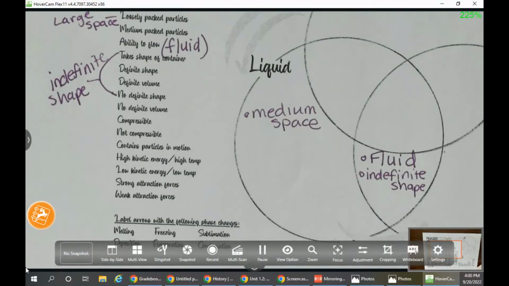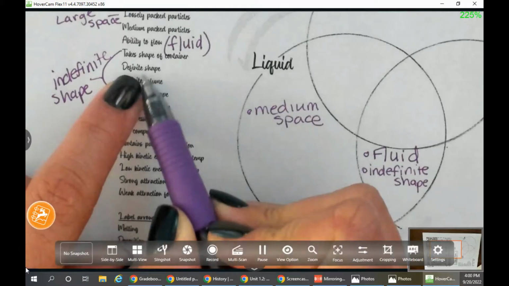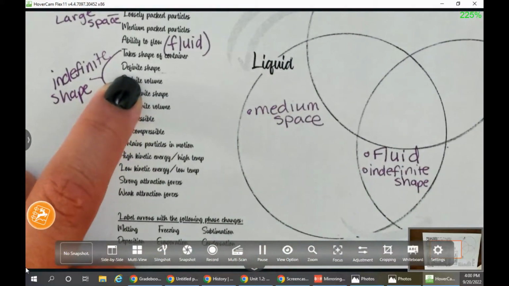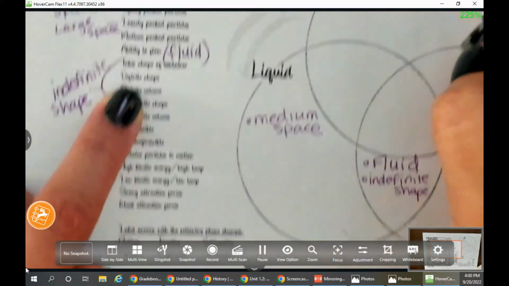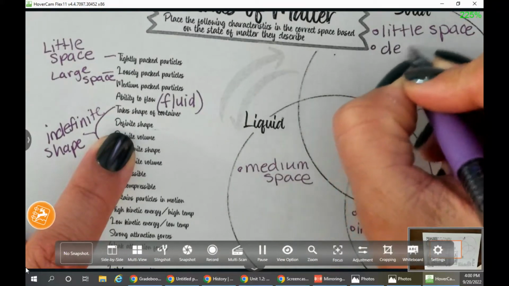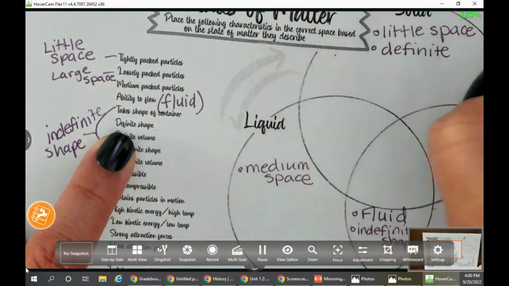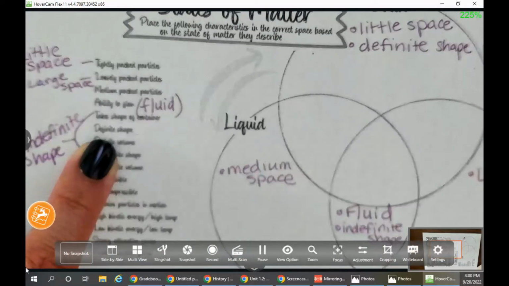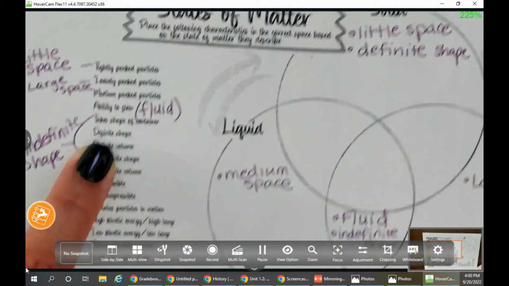All right. Okay, so now I'm going to go right here. Now we have definite shape. Who has a definite shape? There's only one. Who? Solid, exactly. So we're going to put it up with solid. Okay, definite shape for solid.